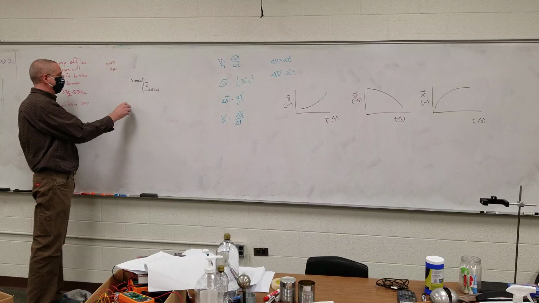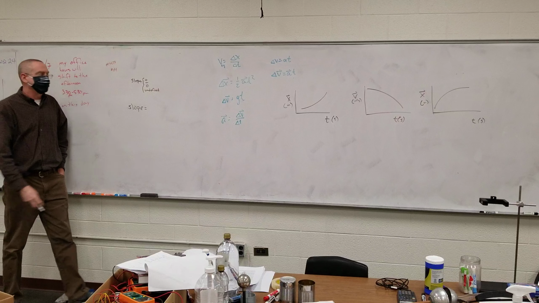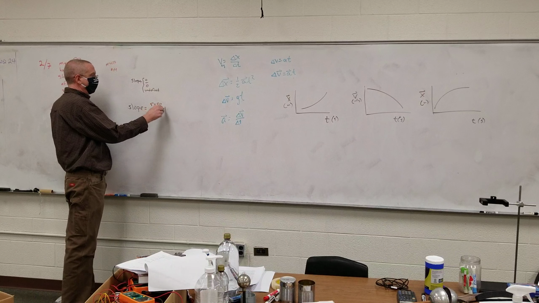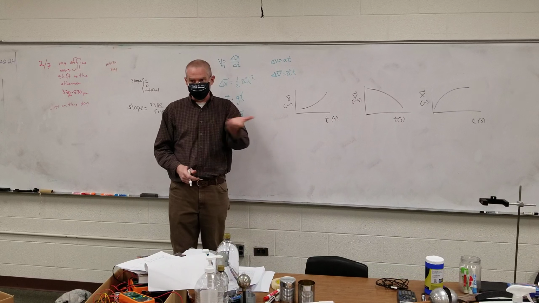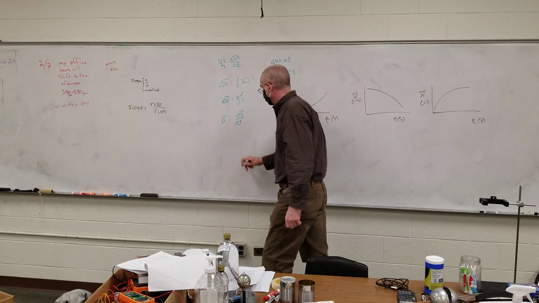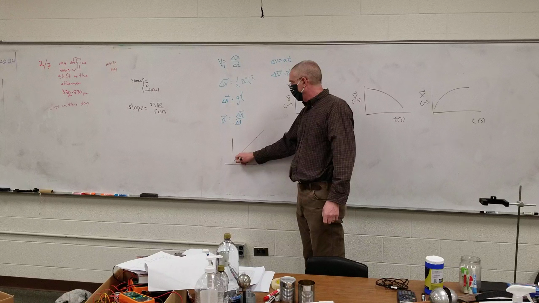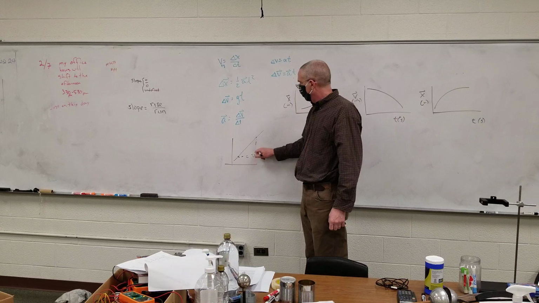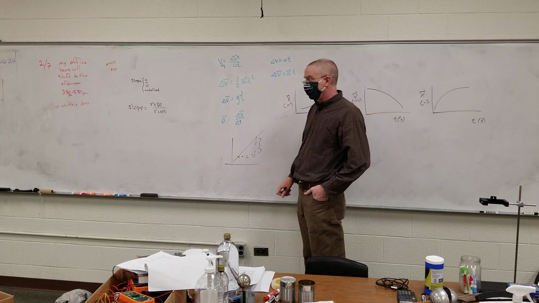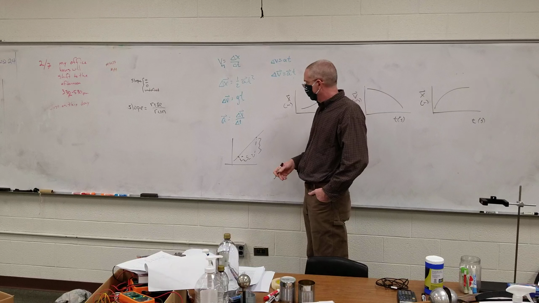So first off, math definition, what is slope? Rise over run. Yep. So rise dealing with the change in the vertical, run dealing with the change in the horizontal. So if I have a straight line, I take two points on the line if it's straight. I look at how far did it rise, how far did it run, take the ratio.